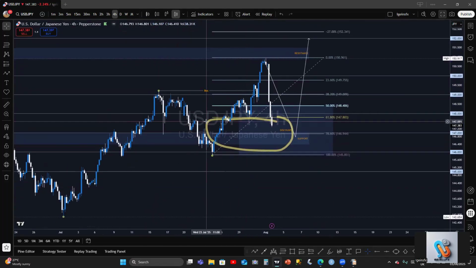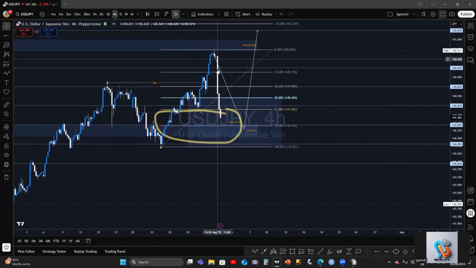Because this is a strong low, this low created this high. This low broke the structure to the upside and created a high. If this high should break down this level, that means we'll have what we call a market shift.